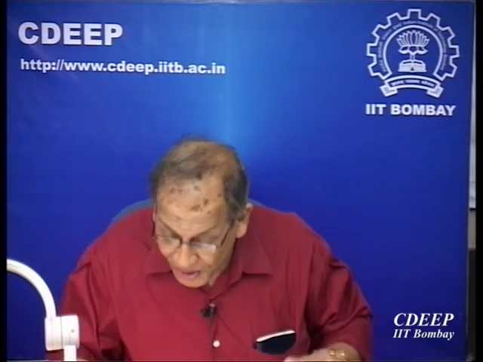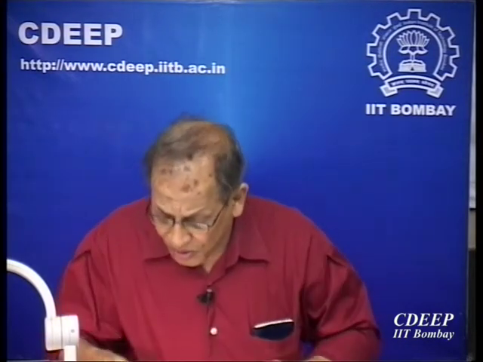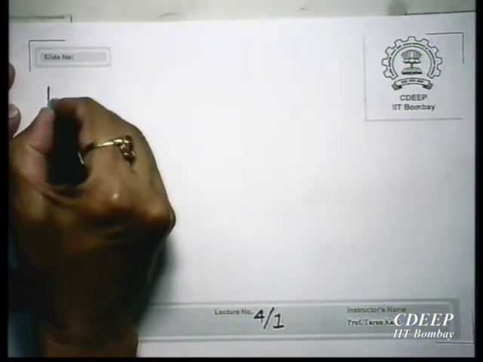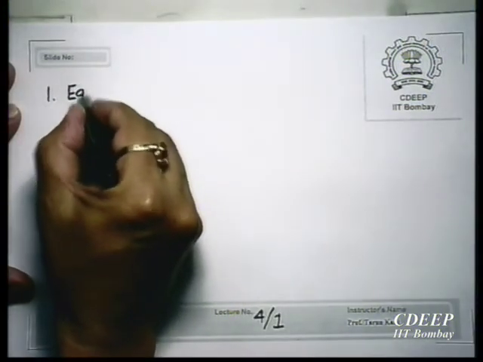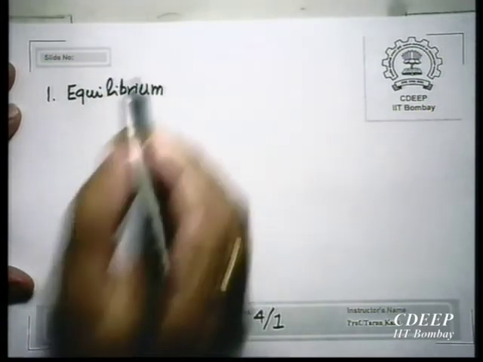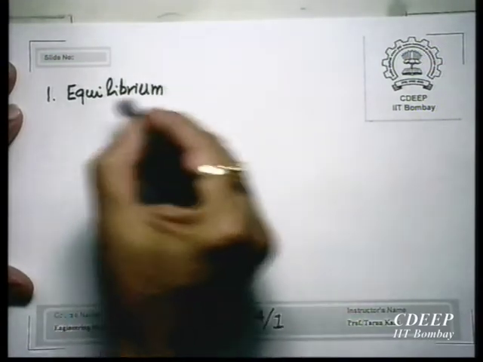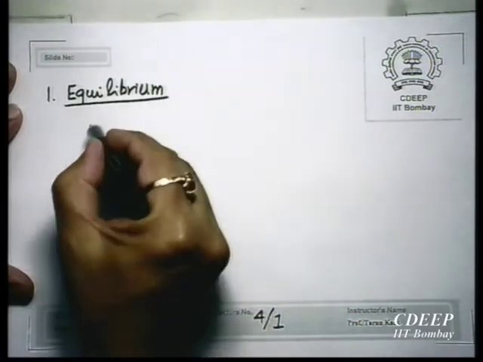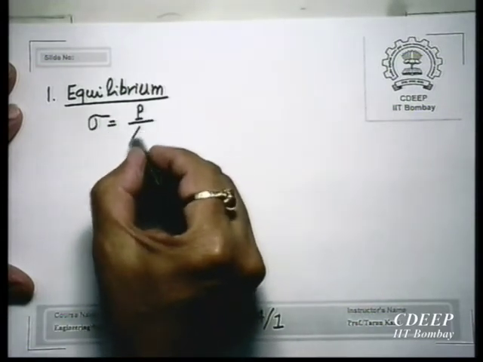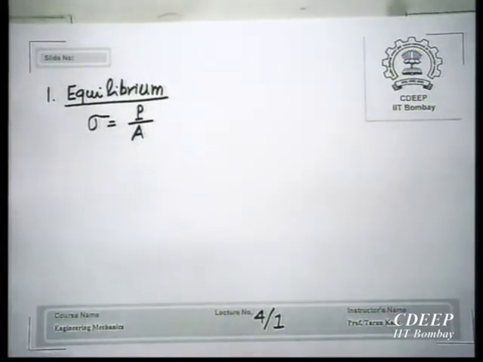Okay, so that is one part. We have two things we have done. The first is the equilibrium of the body, and here we have derived stress equal to P by A by considering the equilibrium of a small portion of the body under the action of force.